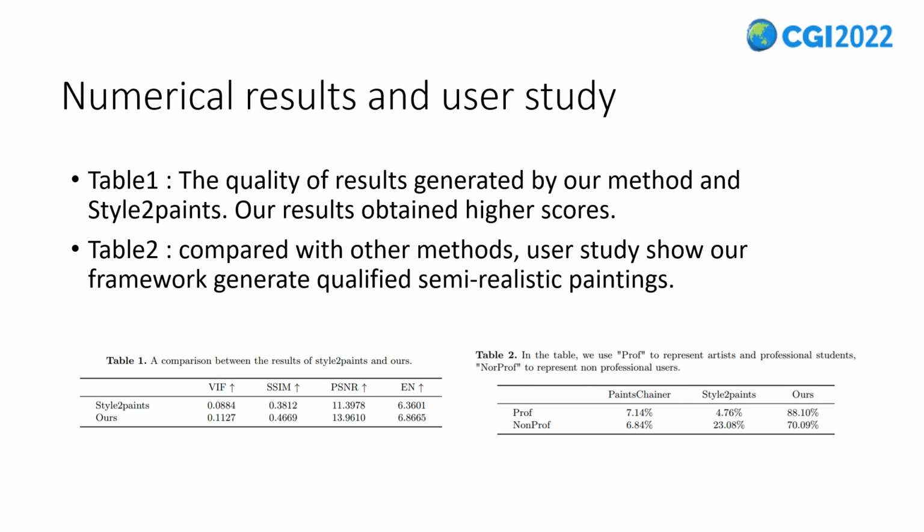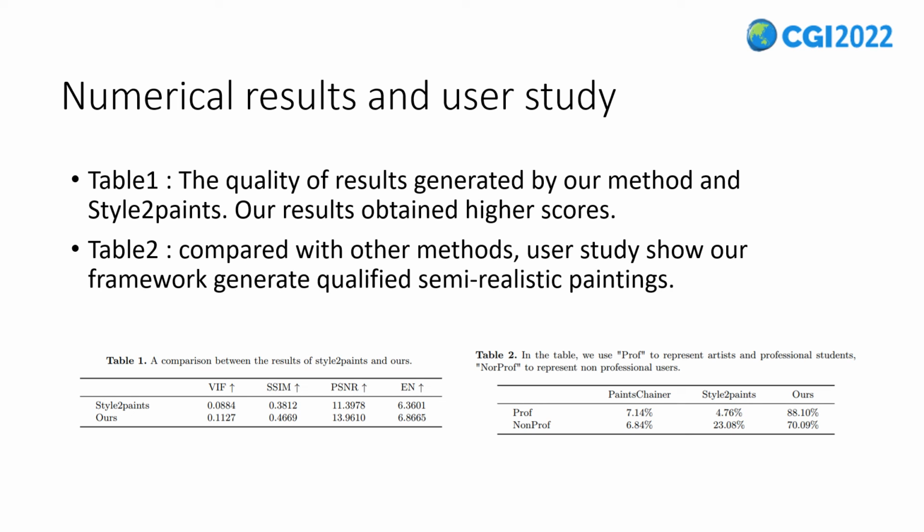In numerical results, our method obtains higher scores. On the other hand, for art painting reproduction, people's subjective feelings are even more important than scores. So we also add a user study.